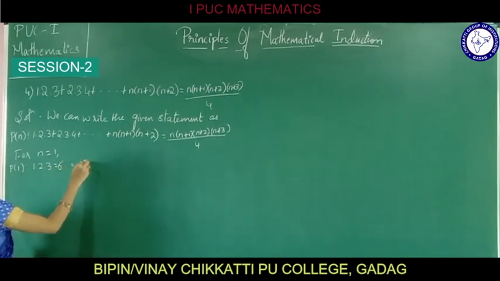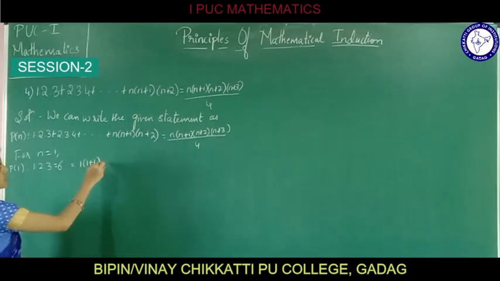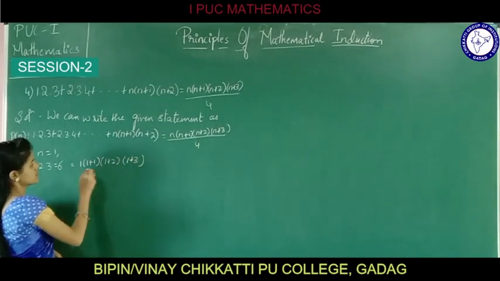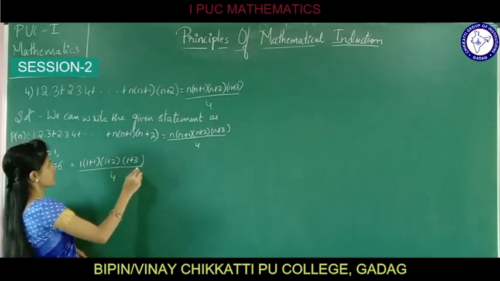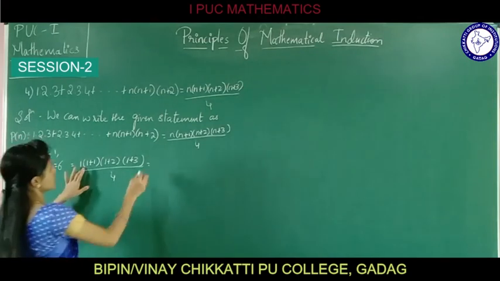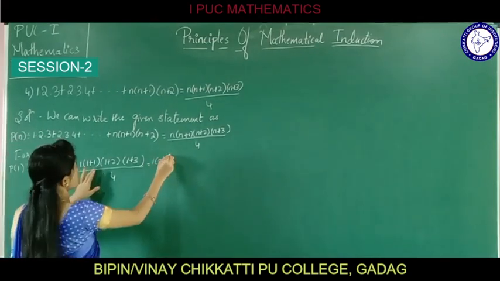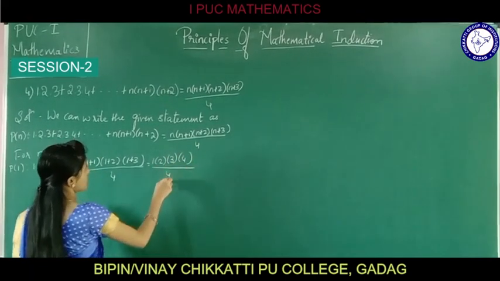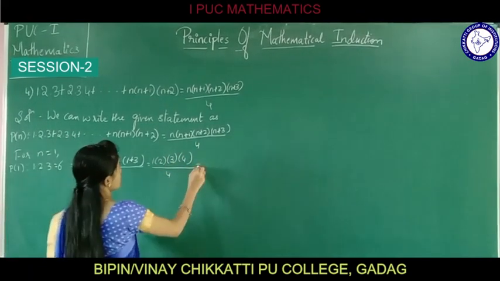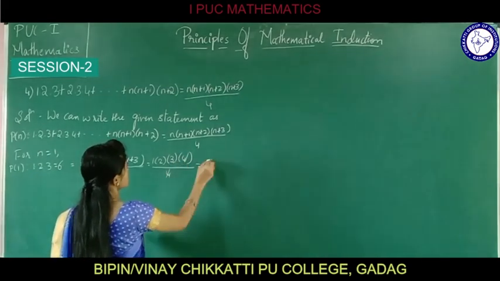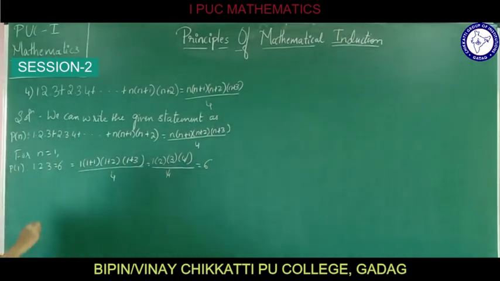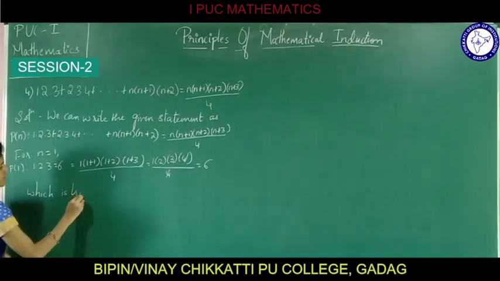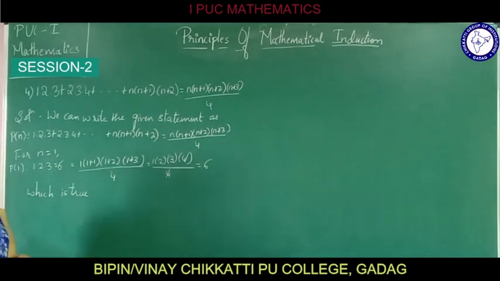This will be equal to 1 into 1 plus 1, 1 plus 2, 1 plus 3 divided by 4, nothing but 1 into 2 into 3 into 4 divided by 4. We will get, on cancelling 4 and 4, 3 2s are 6. 6 is equal to 6, which is true.